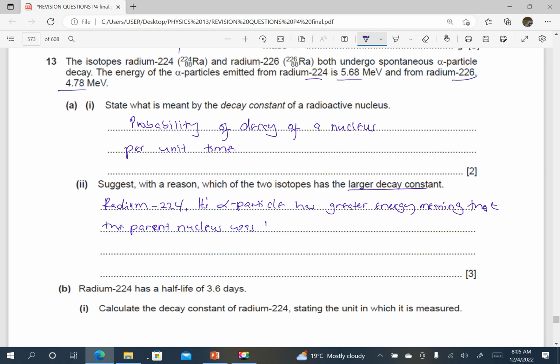In other words, it needed less energy to disintegrate.